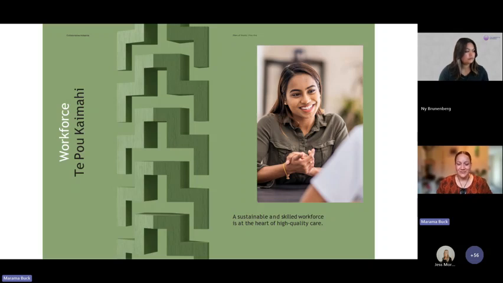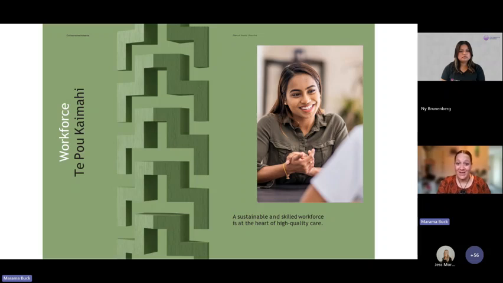Kapai. So the first pou that we are going to look through is Te Pou Kaimahi, which is around our workforce. We know from data, statistics, and kōrero with the practices that we support that workforce is going to be increasingly important with the changes that are going to happen with the people who are in the roles at the moment.